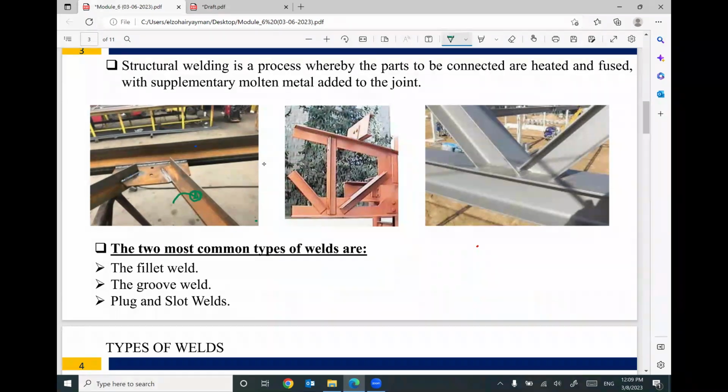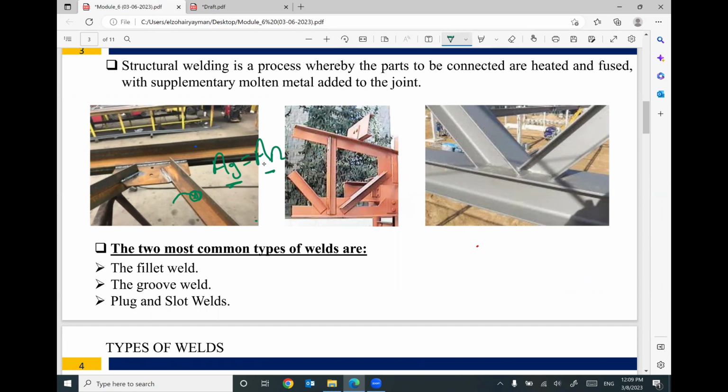This is the reason why area gross equals area net if you are using a welded connection. Can you see here? The member is area gross. The full member is already there in the connection. No subtraction, no holes, no lost material. This is the reason why area gross equals area net if you have a welded connection.